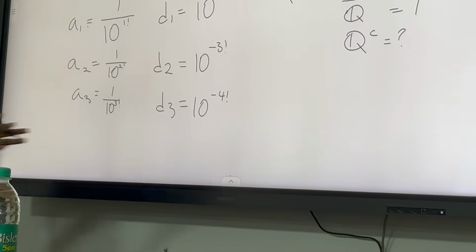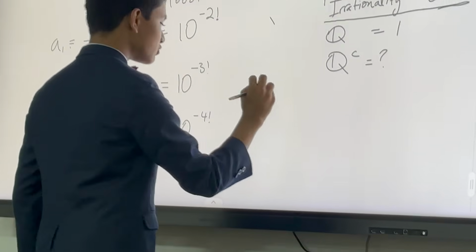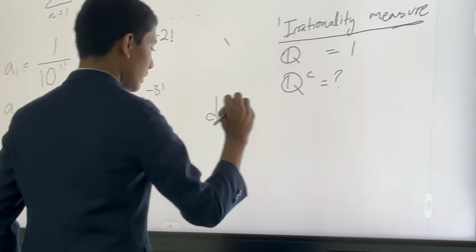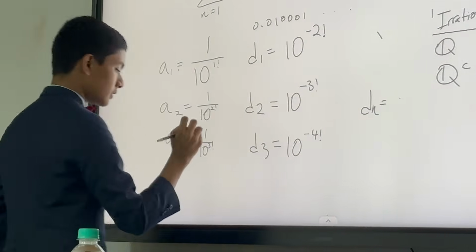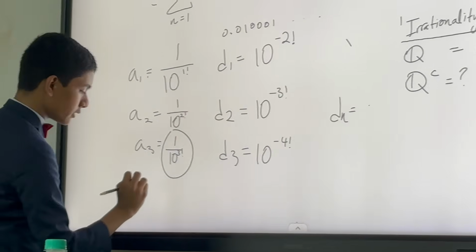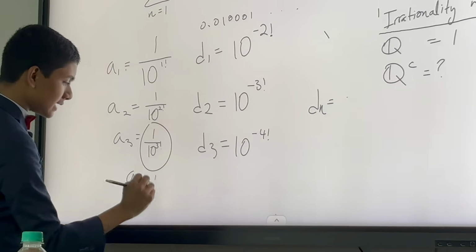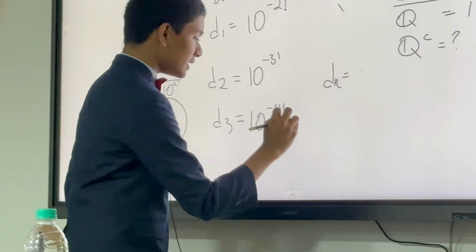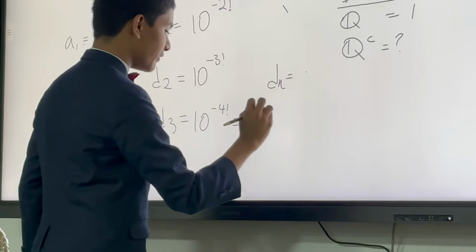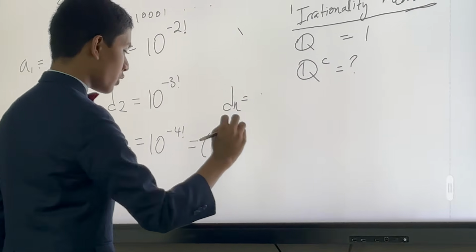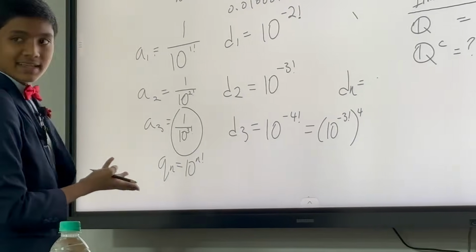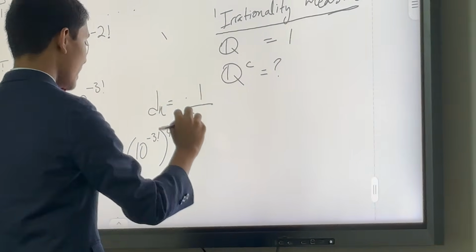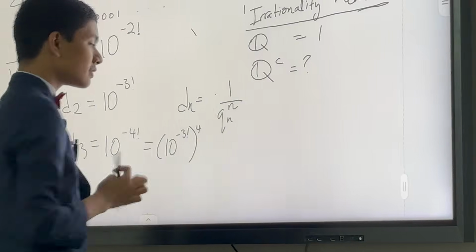And so the nth discrepancy is equal to, well, the approximation itself is 1 over 10 to the n factorial, but Qn is just 10 to the n factorial, which means that since this is just 10 to the minus n factorial to the n, what we're getting here is 1 over Qn to the n.